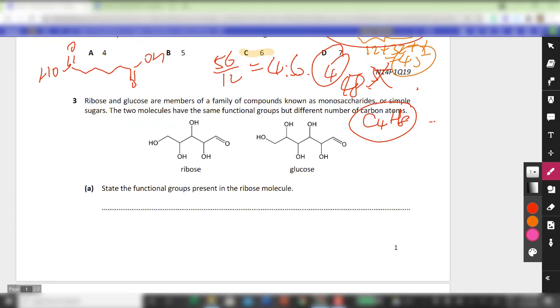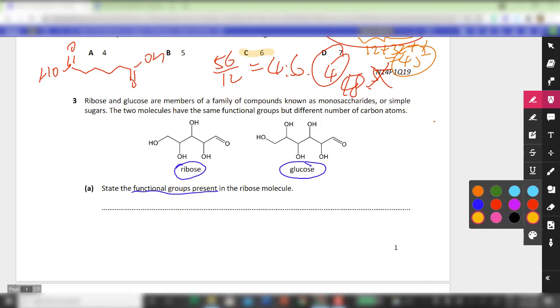So for question 3, I have saccharides over here, ribose and glucose. If you do a quick scan through the functional groups, because that's the question being asked here, you will realize that there's an aldehyde group over here.